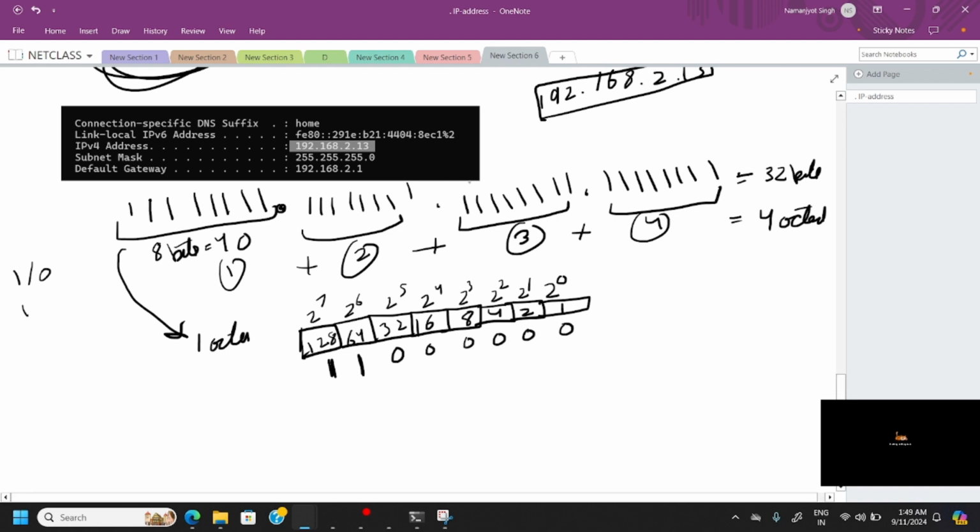Then only these 2 bits have a value, so they add up by their significant values. This bit has a value of 128 and this bit has a value of 64, giving 192. So this 192 comes from here.